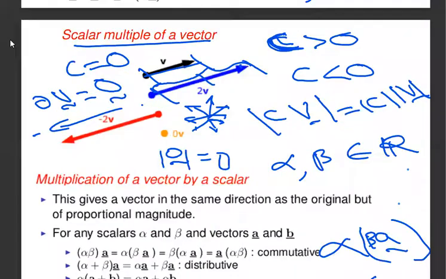And this is the scalar multiple of a vector.